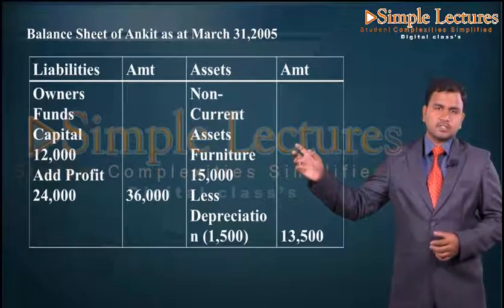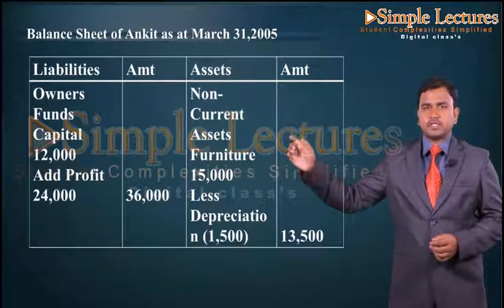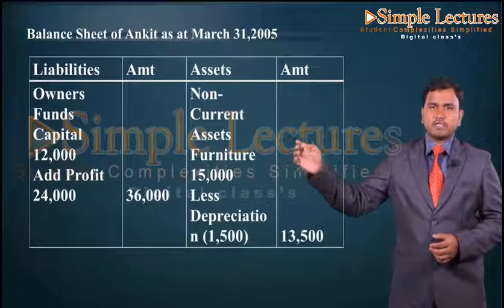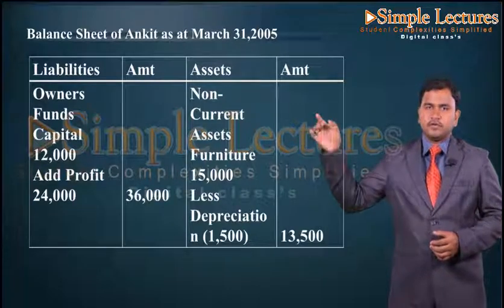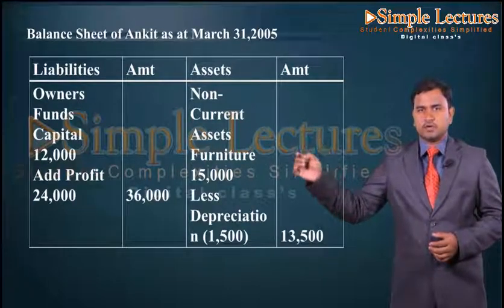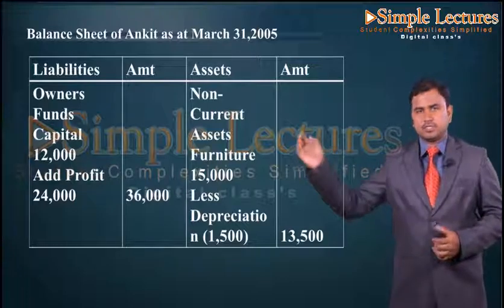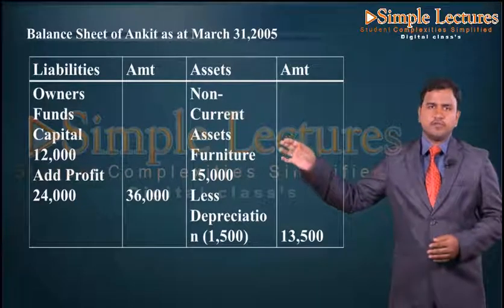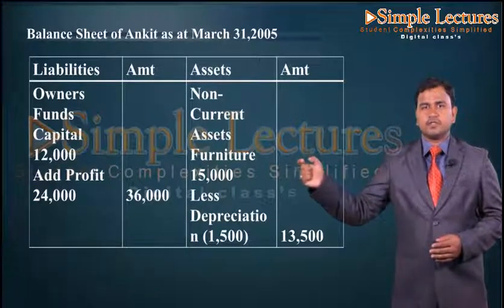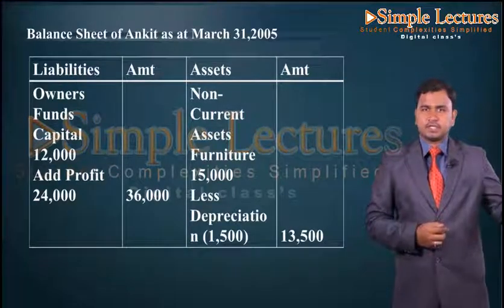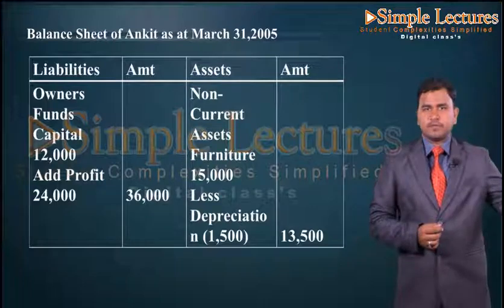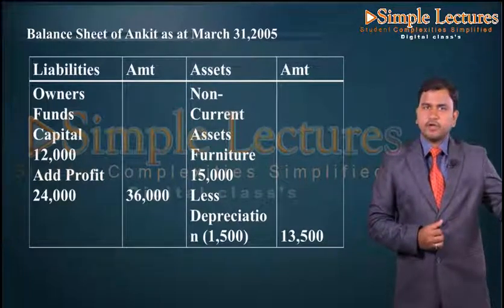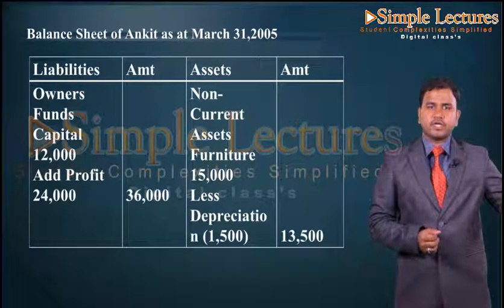Coming to the asset side, furniture we had 15,000. Furniture will be considered on the debit asset side itself. Furniture 15,000 in the inner column, less depreciation 1,500, then in the outer column 13,500, and the same 1,500 is reduced on the liability side. Directly from the net profit amount, the 1,500 is already reduced.